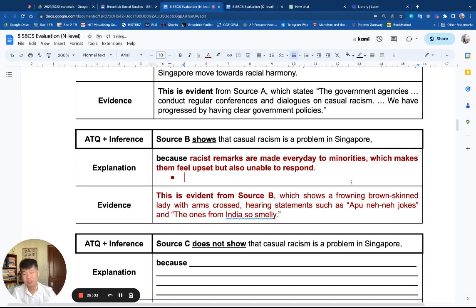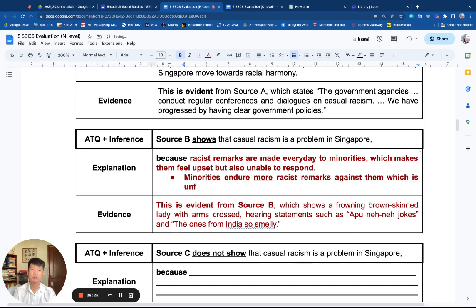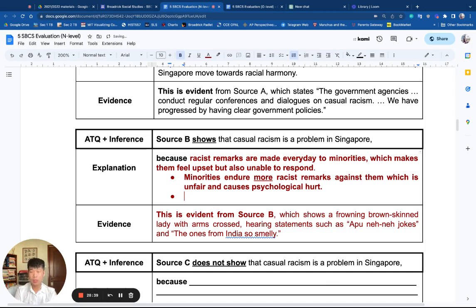So one of my Sec 4s said, this was Bellamy, he said, minorities endure more racist remarks against them, which is unfair and causes psychological hurt. So that is one part where it's a problem. People in Singapore are hurt and upset because of these racist remarks.